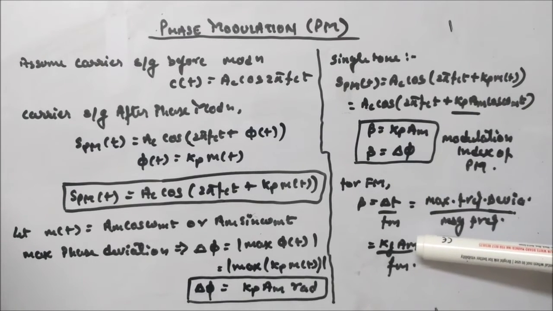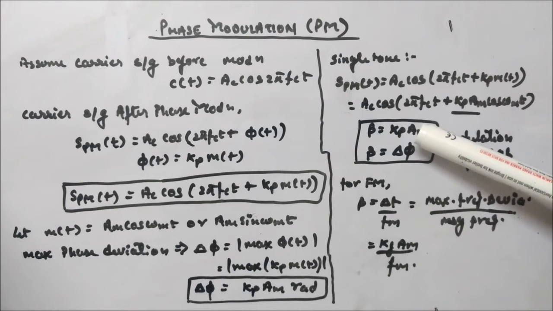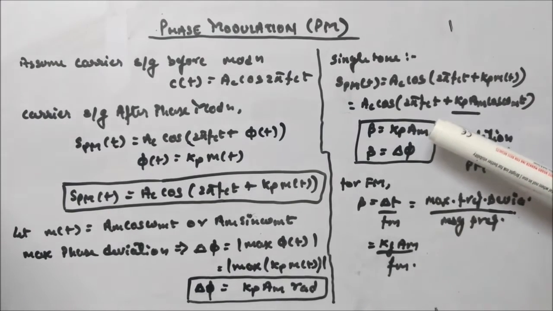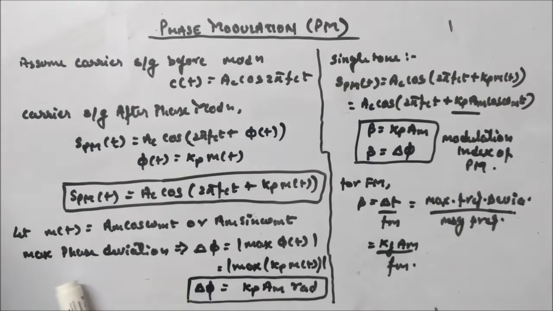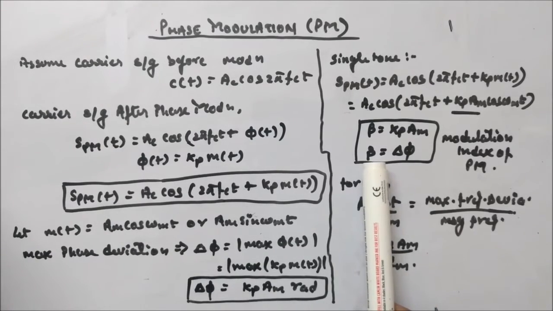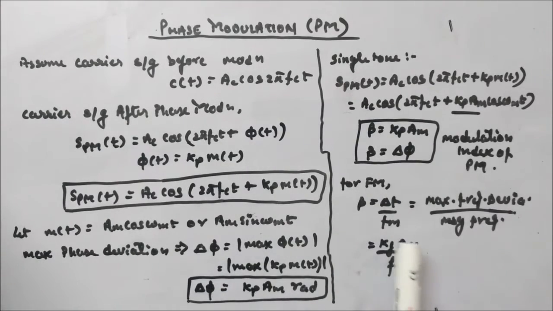Here it is Kf into Am divided by fm, but for PM it is only Kp into Am, so there is no division by fm. Moreover, the maximum phase deviation is equal to β in this case, but for FM it was the maximum frequency deviation divided by fm. That is the difference you can see in the relation of β.